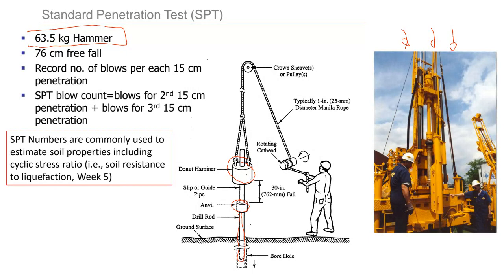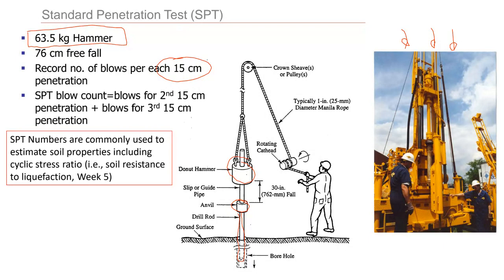What we need to know is how many blows we need. When we drop the hammer once, it's one blow, then 2, 3. So how many blows do we need to penetrate 15 centimeters? For DCP tests, we count the number necessary to penetrate the rod into the ground by 10 centimeters. In this case, it's 15 centimeters.